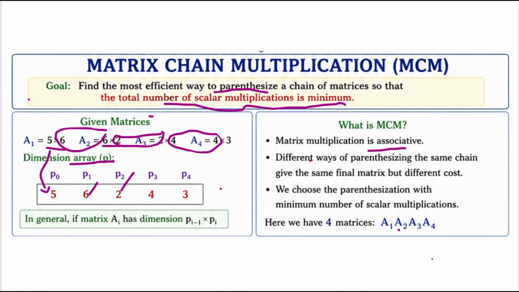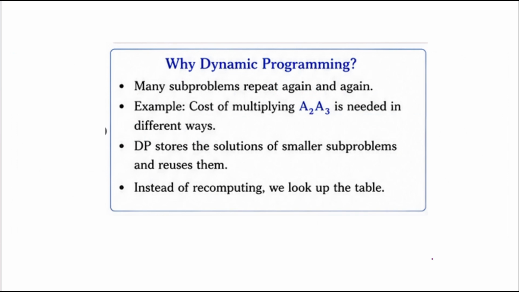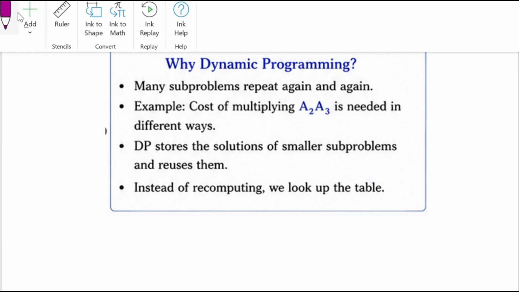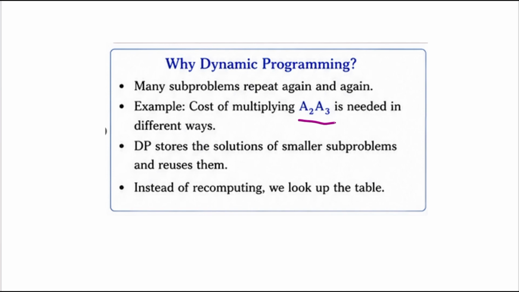So the DP method is used to find which split gives the minimum number of scalar multiplications. Clear? Why dynamic programming here? Many subproblems repeat again and again. For example, the cost of multiplying A2, A3 is needed in different ways.